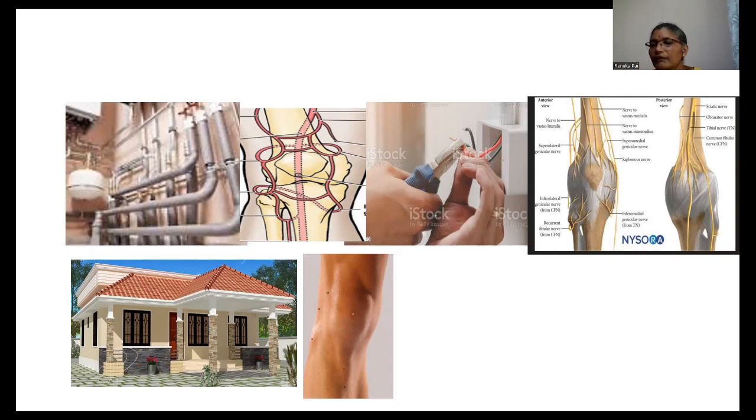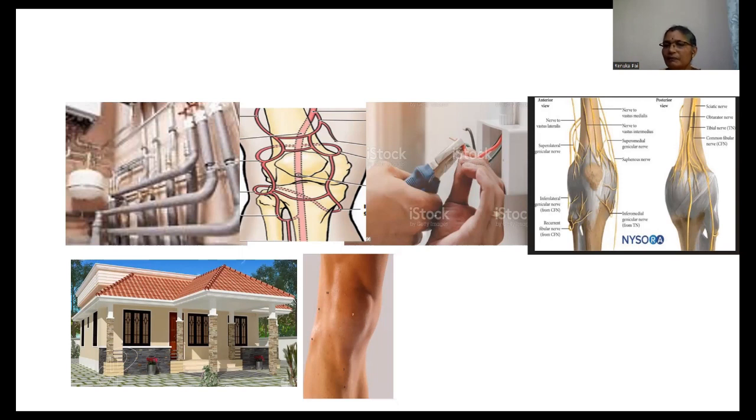Lastly, the inferomedial component is innervated by 2 nerves, mainly the inferomedial genicular nerve, which is a branch of the tibial nerve, and variably the infrapatellar branch of the saphenous nerve, which in turn is a branch of the femoral nerve.